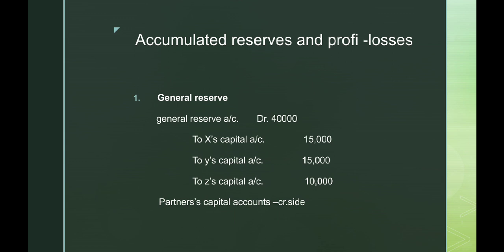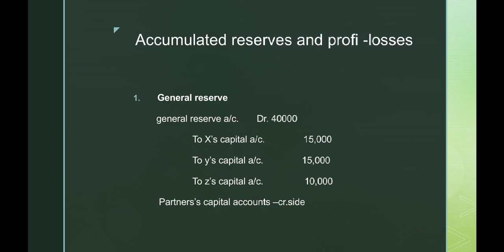Now the amount of general reserve is to be distributed among all the partners in their old profit and loss sharing ratio. What is the amount of general reserve? It is 40,000.